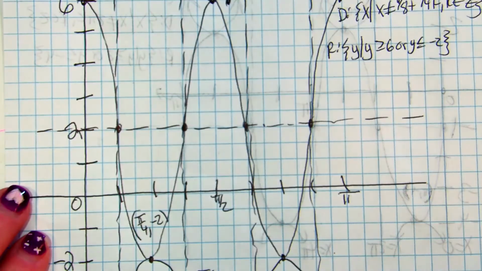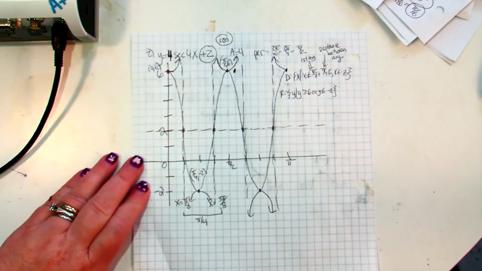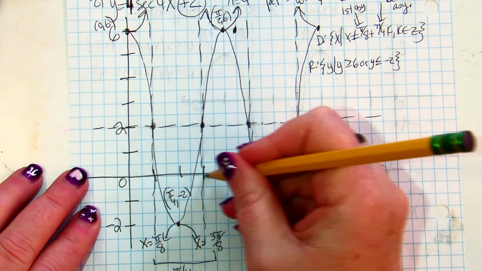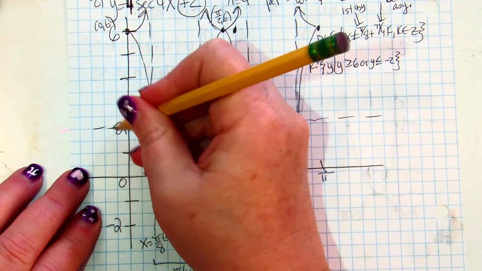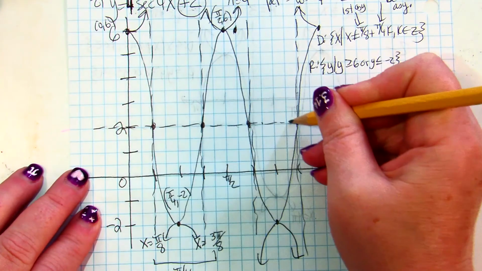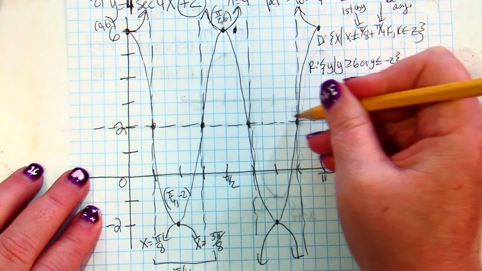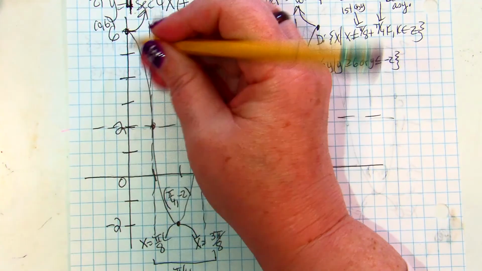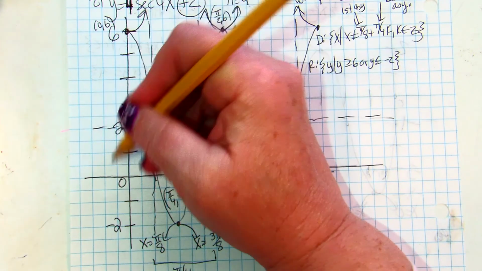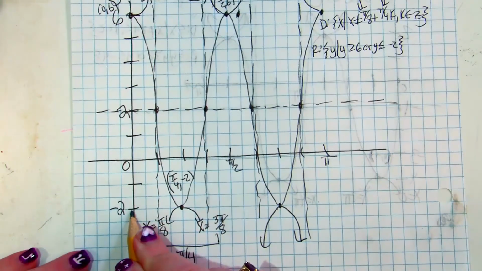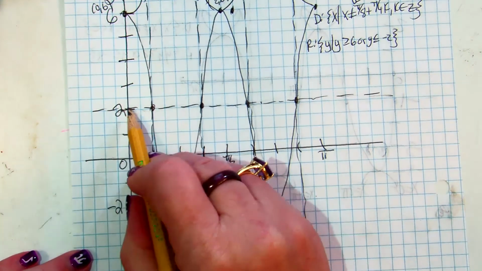So when we make our graph, you graph the x-axis, and then you go up 2, and that's what the graph is going to be centered on. And the amplitude is 4, so 2 plus 4 is 6. It goes all the way up to 6 and down to -2. So if you went by 1s, it would be fine.